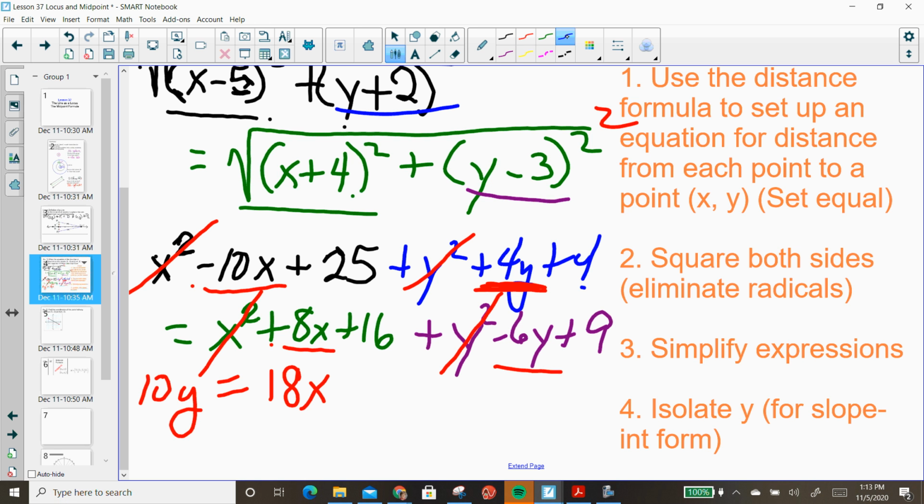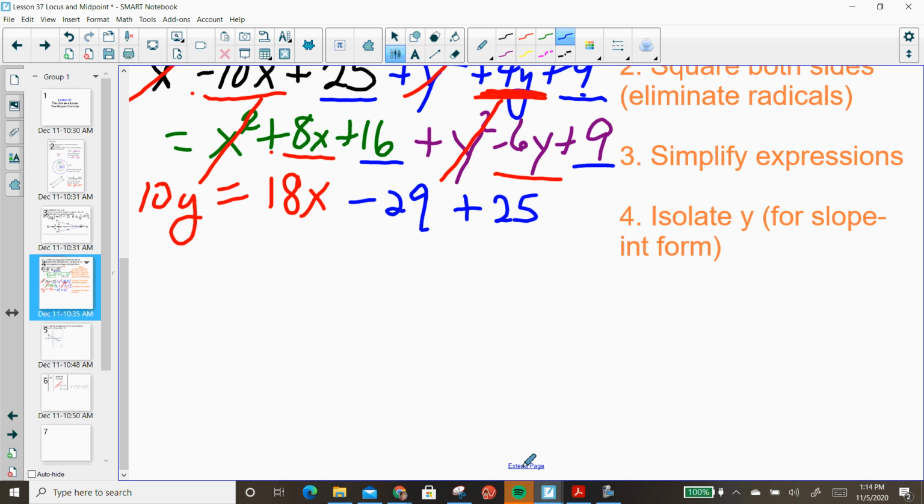Okay, on the left, I had a 25 plus 4, and so if I bring that over to the right, it becomes a minus 29. On the right, I had a 16 plus 9 or plus 25, and I'm going to keep that plus 25 on the right, which means I have 10y equals 18x minus 4.